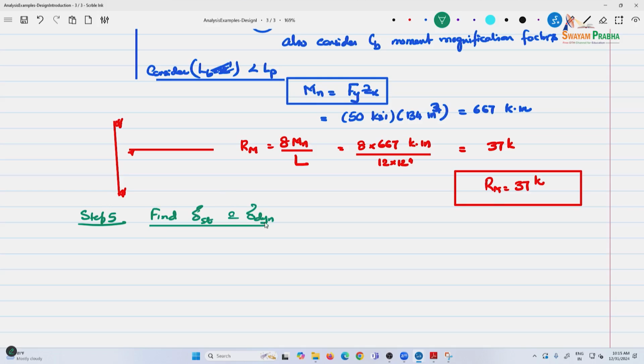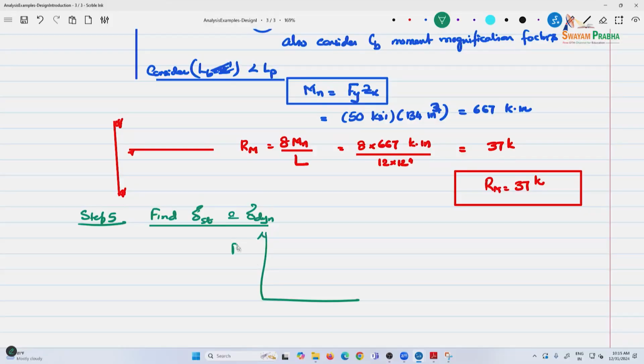Yesterday I had mentioned delta static as P naught by K and later corrected to Rm by K. Why did I do that? Rm is considered as the maximum.